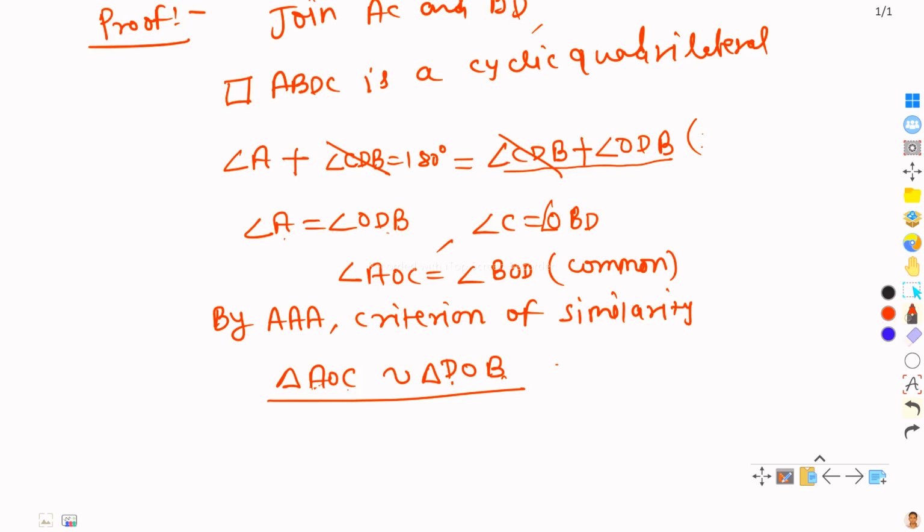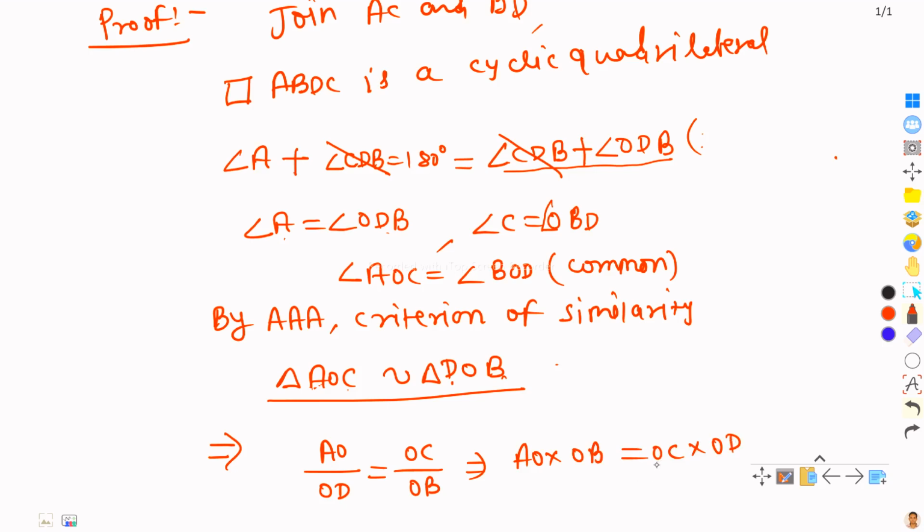Again we use the same property of proportionality: in similar triangles, corresponding sides of the triangles are in proportion. So AO upon OD equals OC upon OB. This implies that AO into OB equals OC into OD.